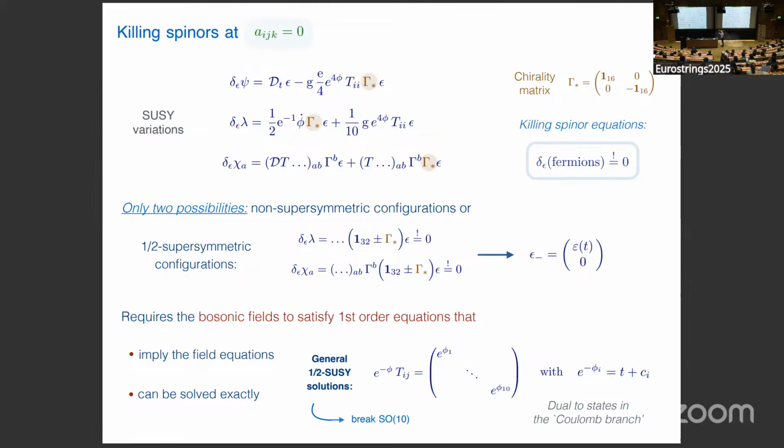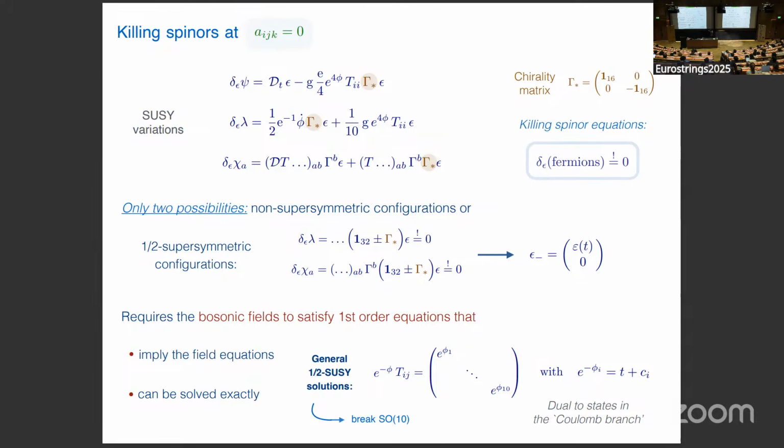And so in order to have these projectors that appear here, this imposes certain first-order equations on the bosonic fields. And you can check that these first-order equations on the bosonic fields actually imply all the field equations in the theory. And you can solve them also exactly.